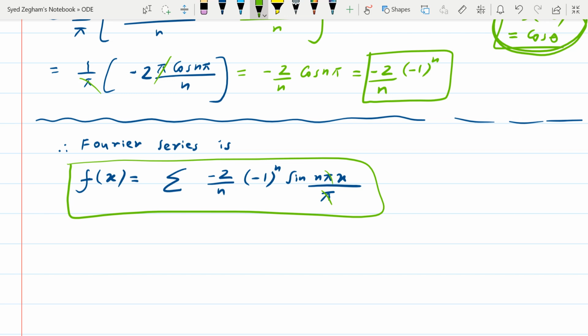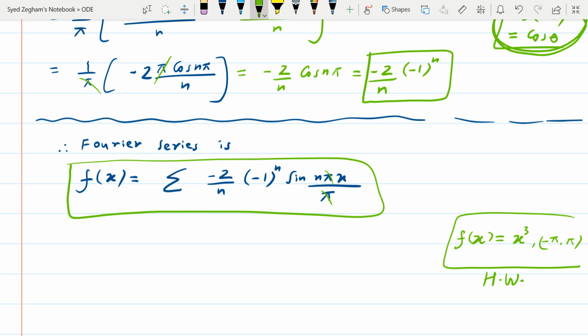You can try to find the Fourier series of the function f(x) is equal to x power 3. And you can consider the same interval, no problem. You can treat this question as your homework.